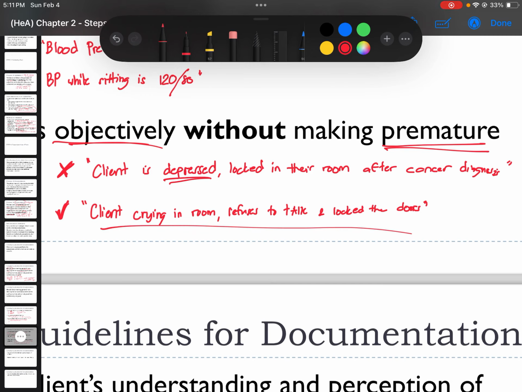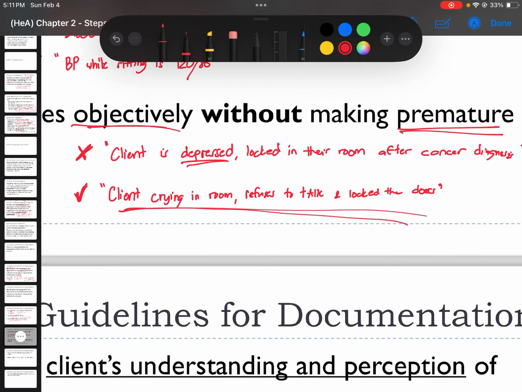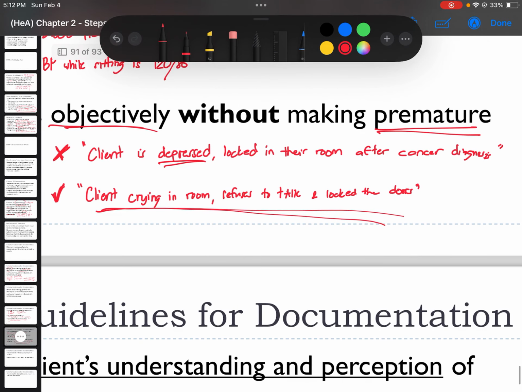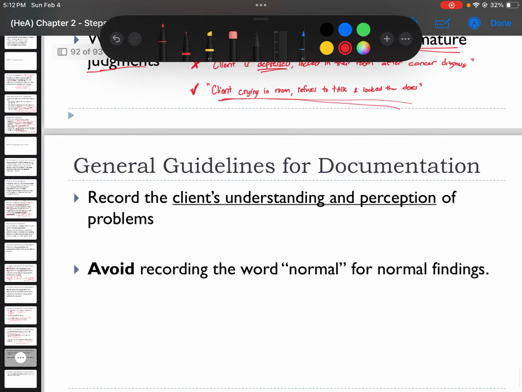We are just stating the facts. We are just documenting what we are actually observing, which is objective. Whereas when we say the client is depressed, we are assuming that they are depressed because we have not done any sort of diagnosis to determine if they are really depressed. So we know that the client is crying in their room, that they refuse to talk, and they have locked the doors. That is an objective type of measurement.